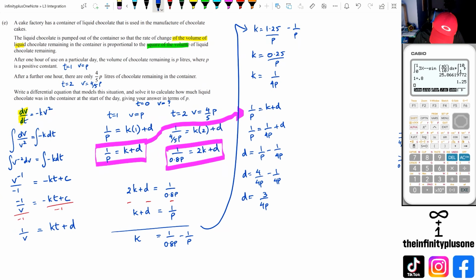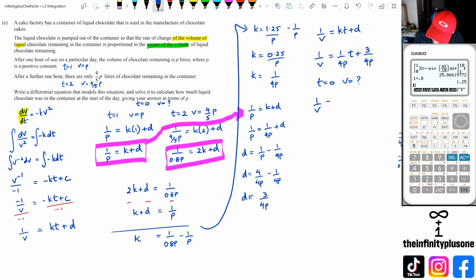So my equation is 1 over v equals kt plus d. But my v is what I'm trying to figure out. The k value was 1 over 4p times t plus d, which happens to be 3 over 4p. So I want to know when t is equal to 0, what is the volume?